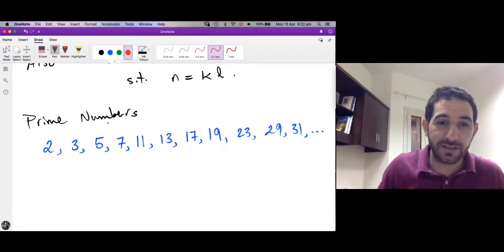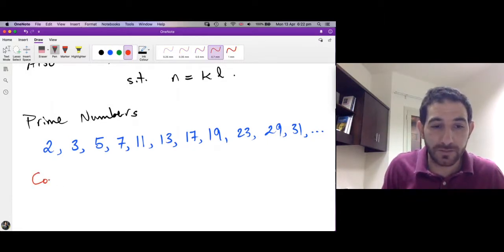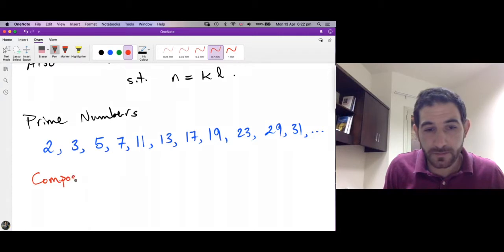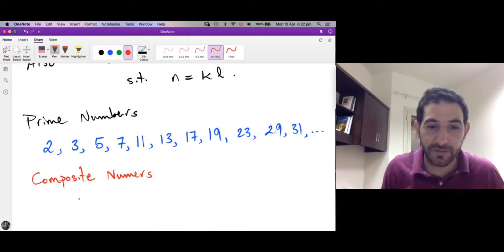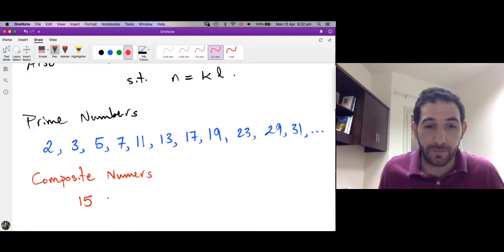Now let's have an example of a composite number. Composite numbers are all the positive integers which are not here. For example, choose 15. Why is 15 not prime?